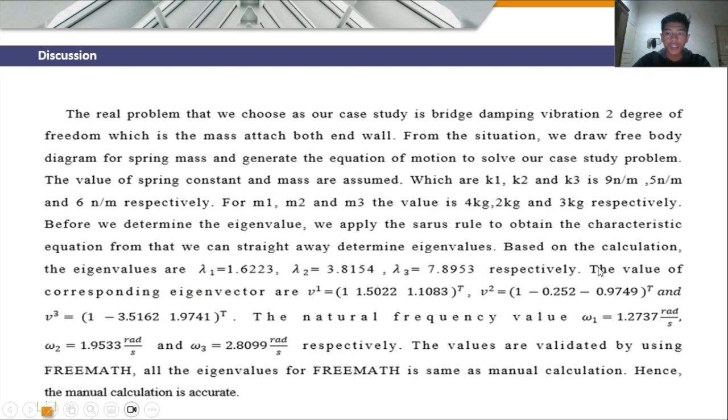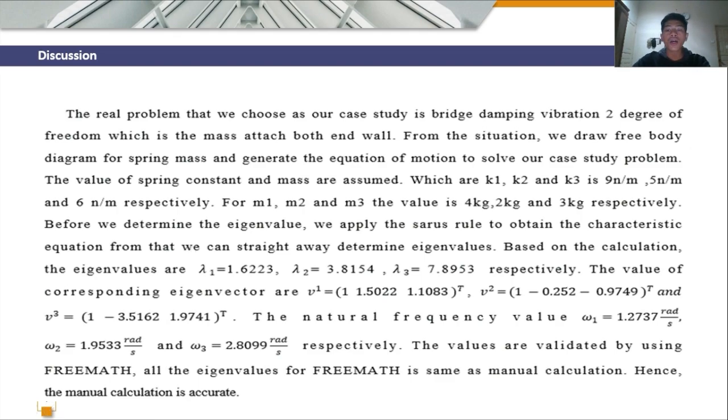So we can see the values of the corresponding eigenvectors, which are V1, V2 and V3. The natural frequency values are, firstly 1.2737, the second one is 1.9533, and the third one is 2.8099 respectively.